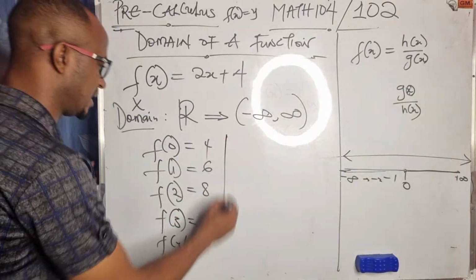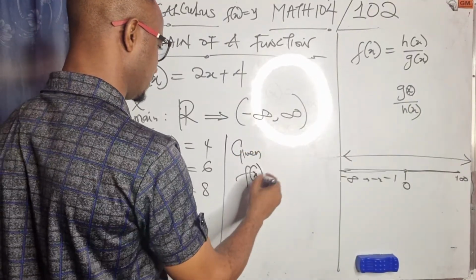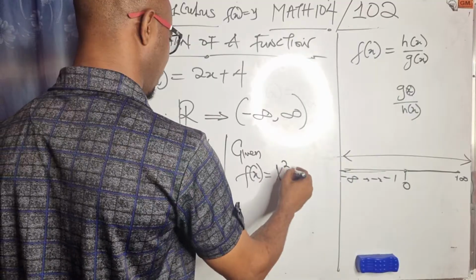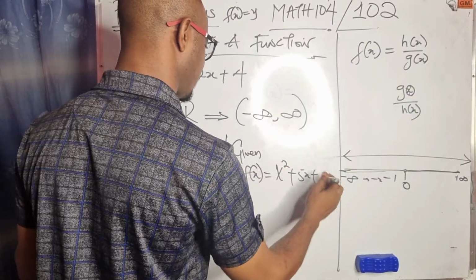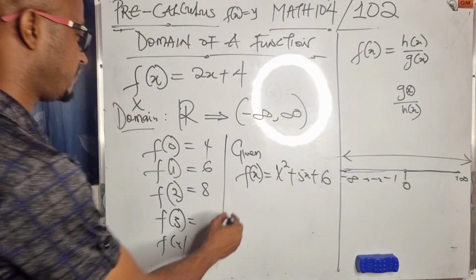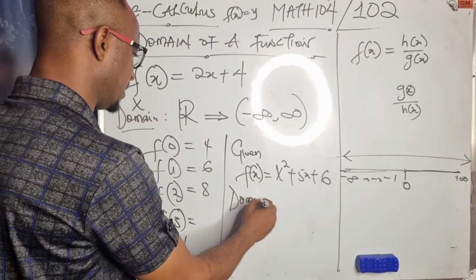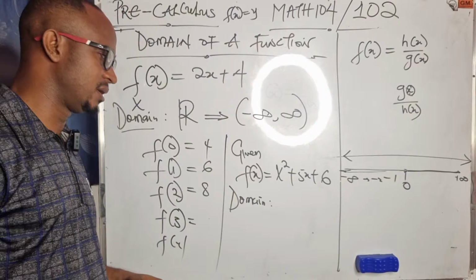Even if we are given, let's say, f of x equals x squared plus 5x plus 6, and we have to find the domain of this, there's no need of solving. For those of you who attend UNN, you don't need to solve.